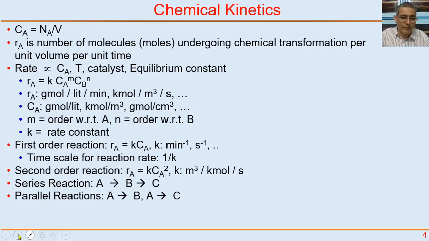So what we are going to say is rate of reaction is number of moles, say gram moles, reacted per unit time per unit volume. A meter cube it could be, or it could be liters.